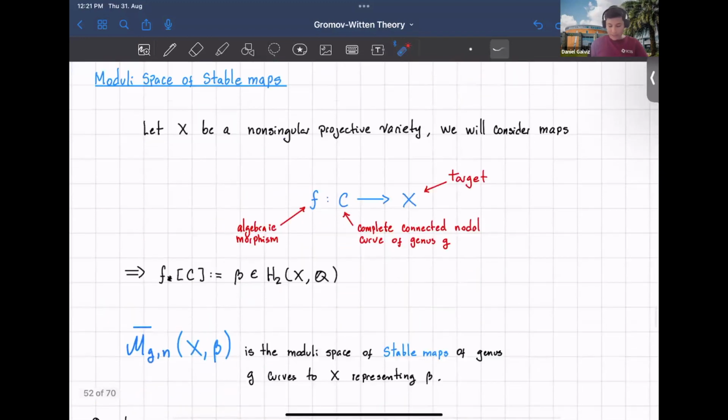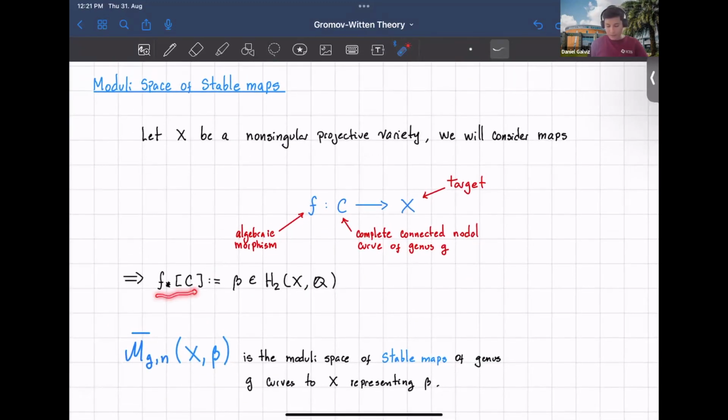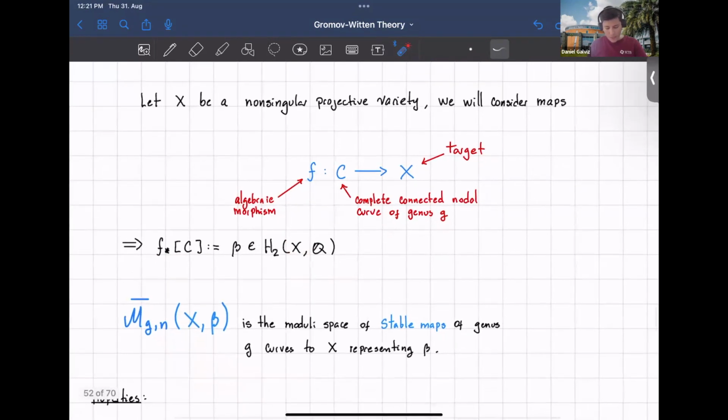And remember that the push forward of the class of C lives in the degree 2 homology of our ambient space X over the rational numbers.